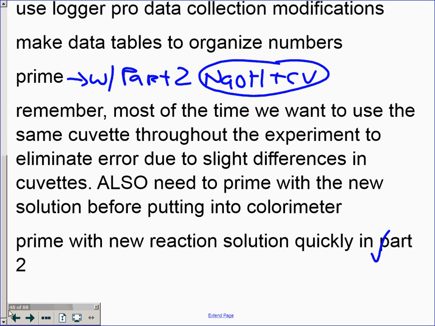Only did the dilutions so that you could do calibration for your response ratio. That's where we're going.